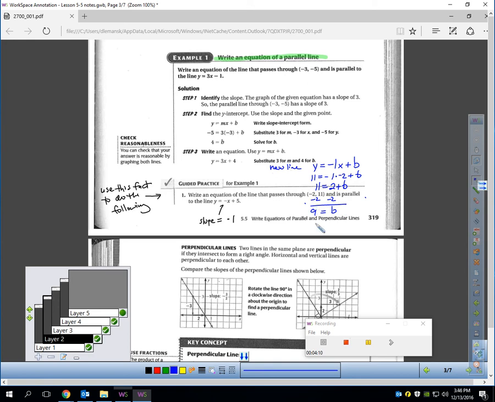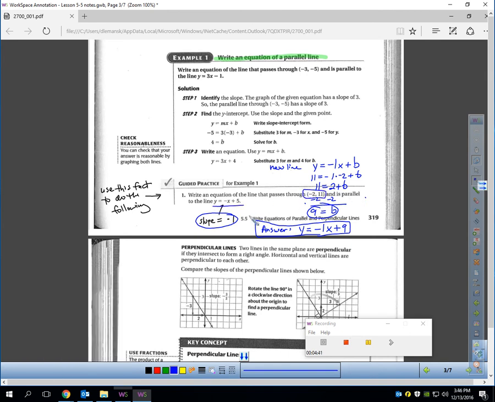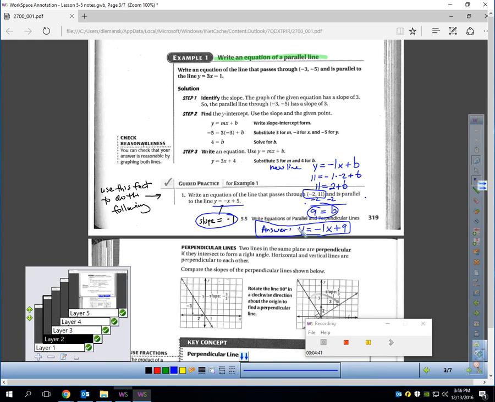If I take away 2 from each side, I just figured out b is 9. So I know my slope is negative 1 and b is 9, which means my answer would be y equals negative 1x plus 9. That would be the line that passes through the point listed here and is parallel to that line. You notice they both have the same slope, negative 1.